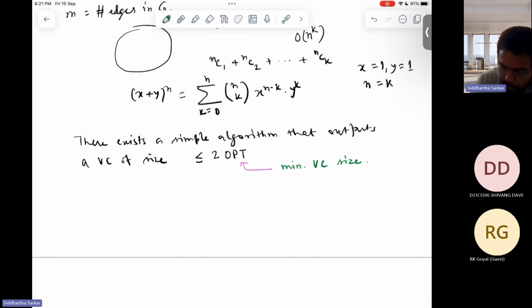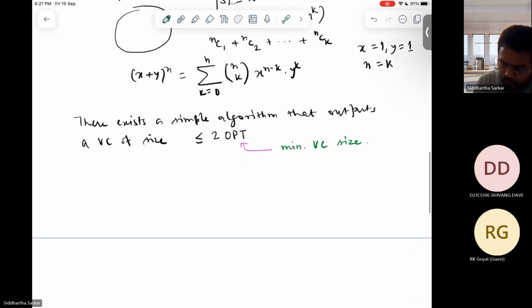So let me write it down formally. So for every vertex in the graph, consider a variable xv. So xv is a binary variable.